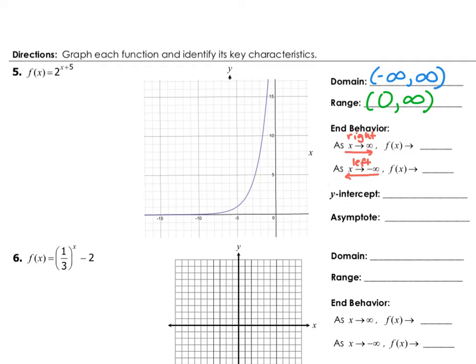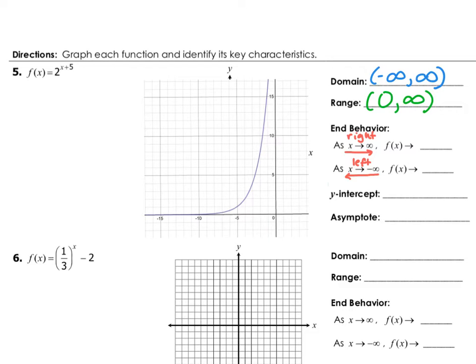So basically what you're asking yourself is, as you move to the right on the graph, what is happening to y? Or how is it moving up or down? And as you move to the left, is the graph moving up or down, or is something else happening? So let's take a look at this function.